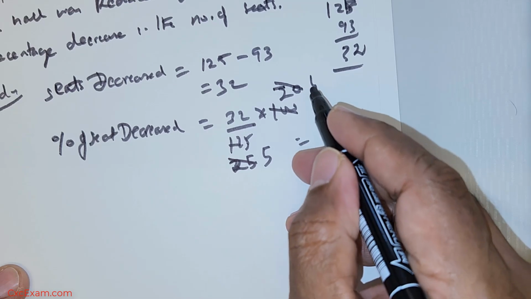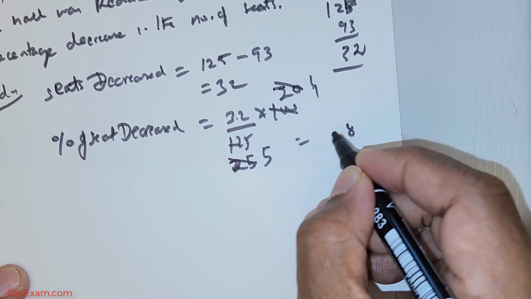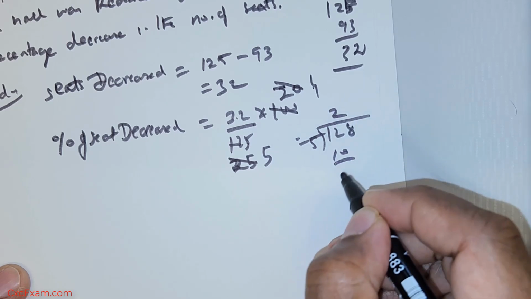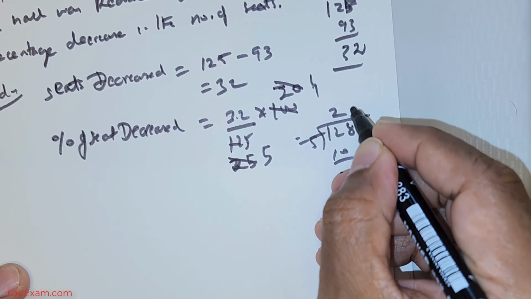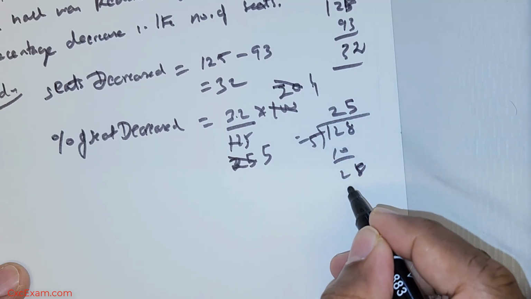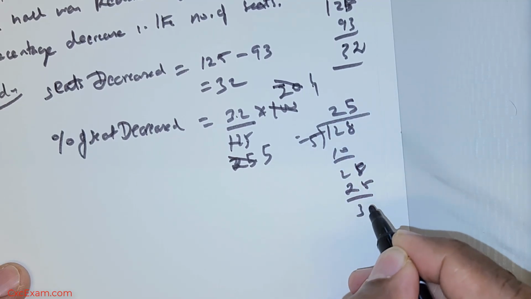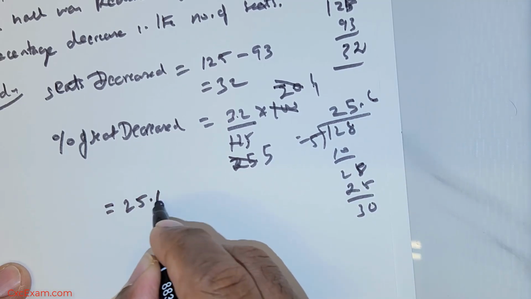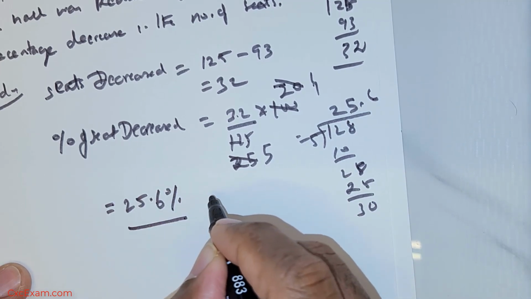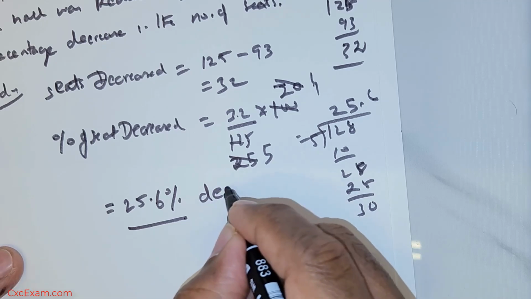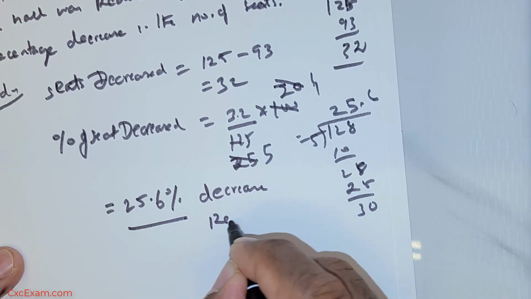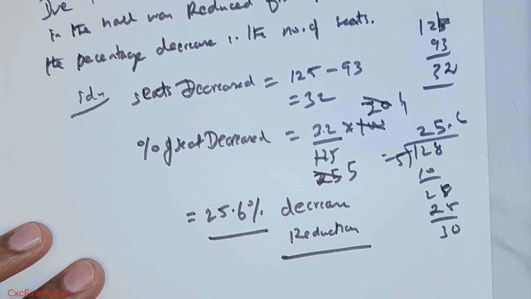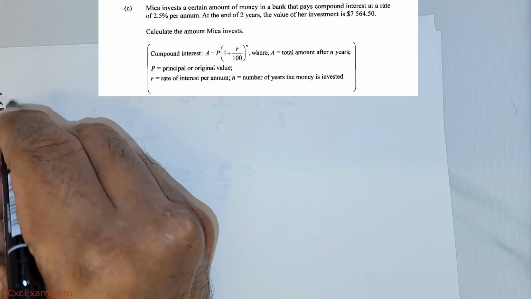So 4 multiplied with 2 is 8, 4 3s are 12, you divide by 5, 5 2s are 10, 2, 28, 5 5s are 25, 3.06. So 25.6% decrease, or you can say reduction. Okay, so this is question C.